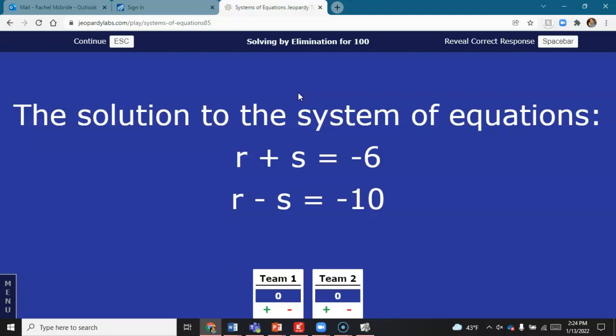100. Oh, come on. Jack, hurry up. My God. That R equals 8. Oh wait, that's a negative 10. Oh my God. Jen's giving her the answer. Stop talking.